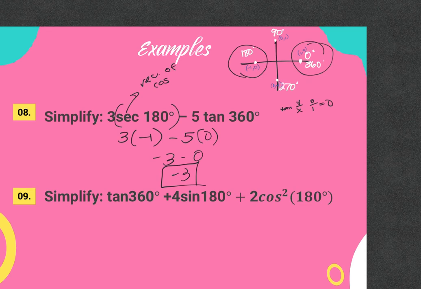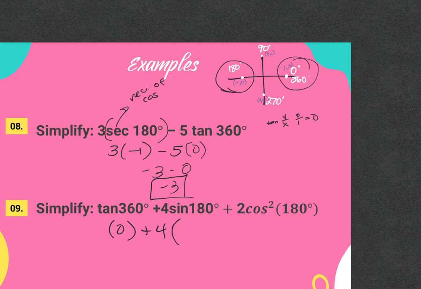All right, number 9. Simplify tangent of 360 plus 4 times sine of 180 plus 2 times cosine squared of 180. So we just said tan of 360 was 0. Good. Now we want the sine at 180. Sine is which coordinate? X is cosine, sine is y, right?